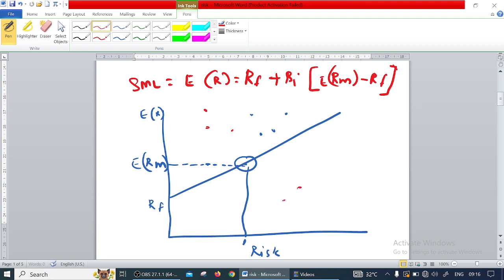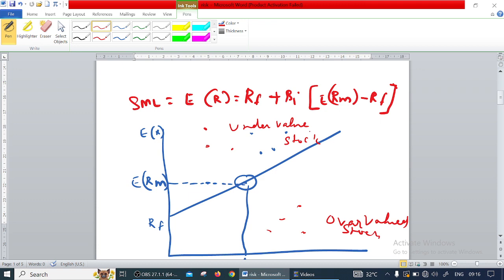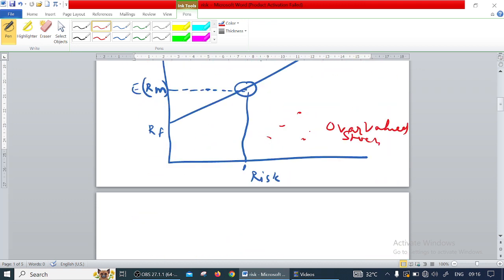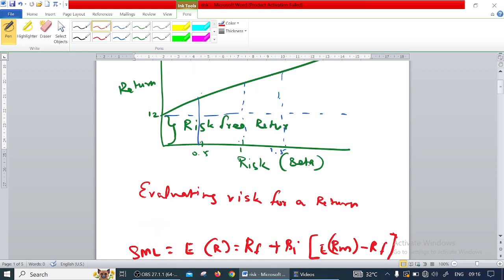Here it is called an overvalued stock, and this one is an undervalued stock. Some stocks are not on par with their price, and some are trading at the highest price. So systematic risk and unsystematic risk can be discussed with the help of SML. Thank you, friends.